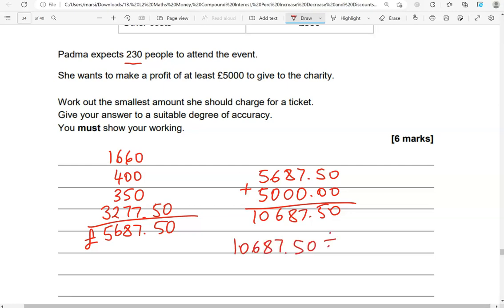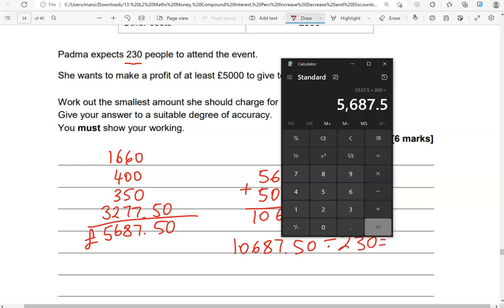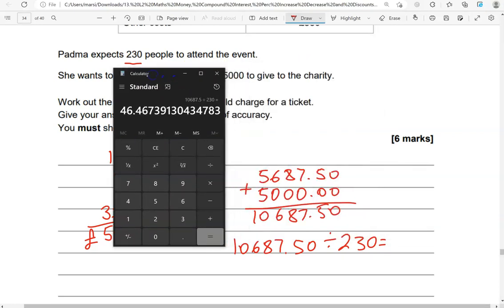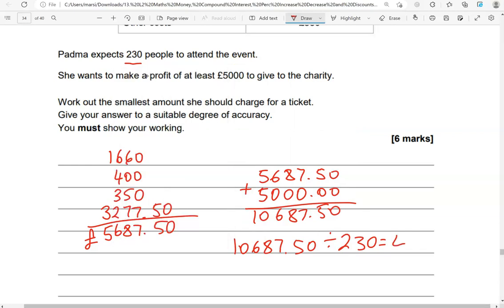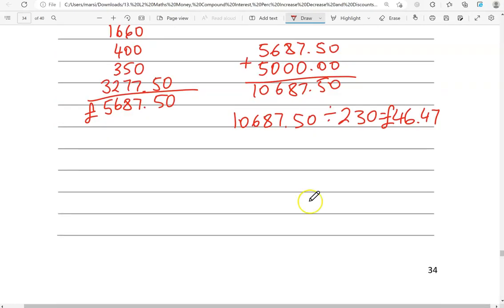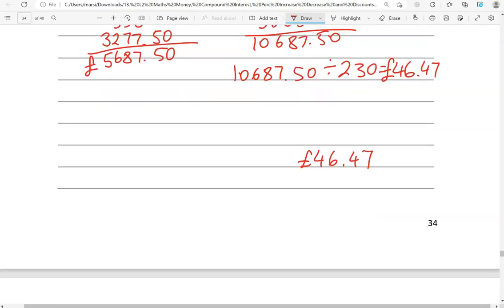If we divide that by 230, gives us £46 and 47 pence. That's how much she should charge per ticket.